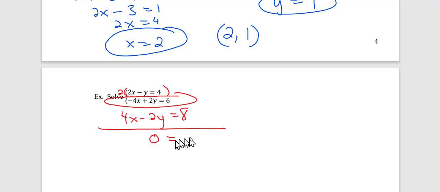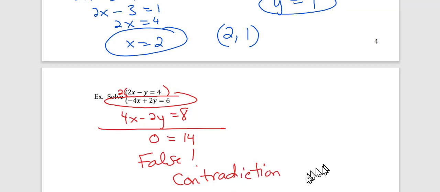The y's also eliminate. And I get 0 equals 14. Wait. Never in my life has 0 equaled 14. That's a false statement. That's what we call a contradiction. And it means we have no solution. Okay?